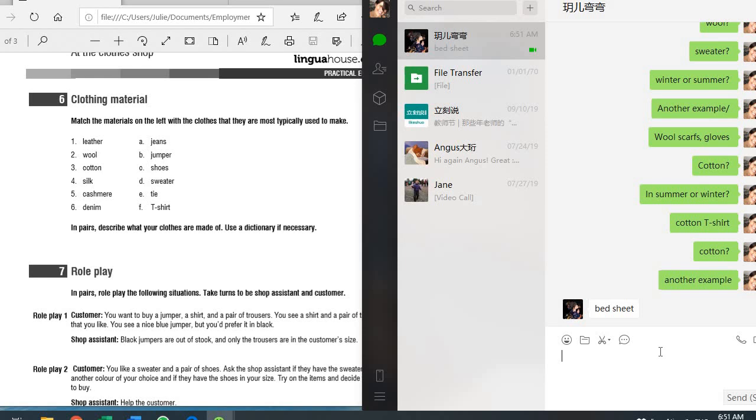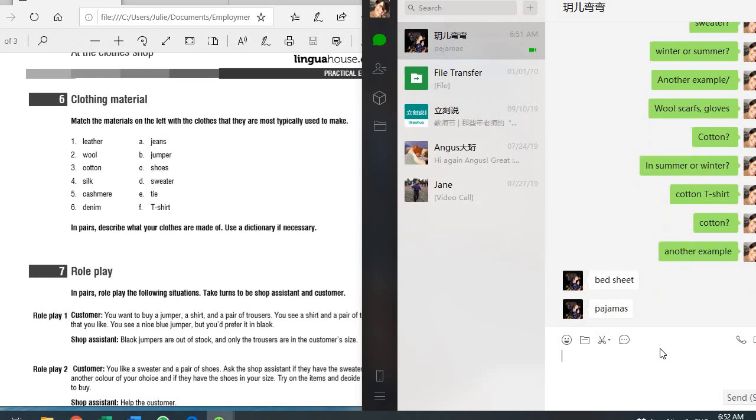And the pajamas, because the cotton always makes people feel comfortable. Exactly, very good. Perfect, exactly. Good, really good examples. Pajamas, very good.